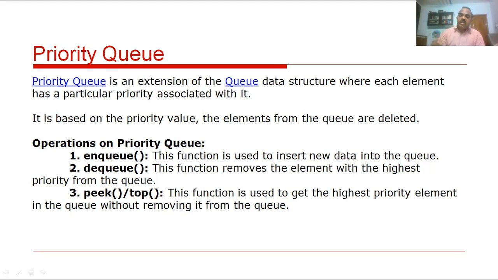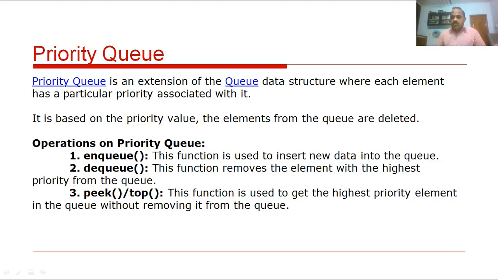Each and every element has a particular priority. Based on the priority value, the elements from the queue are deleted. Clear?